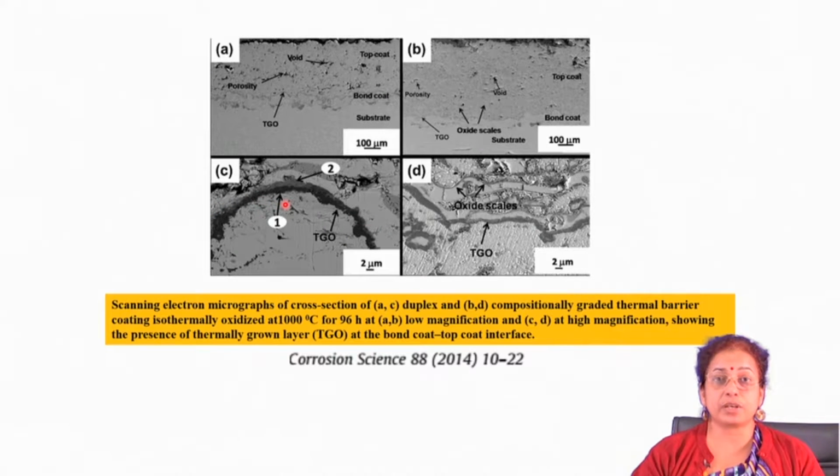So, usually you observe the performance of the coating when you do a high temperature oxidation study, usually in terms of the microstructural change. You will find that on the surface of the coating there is no signature of oxidation because that is already an oxide layer.